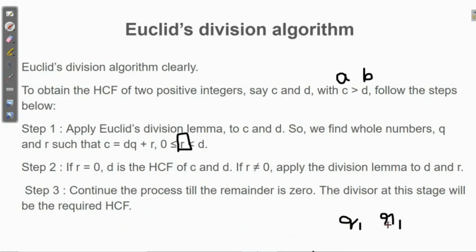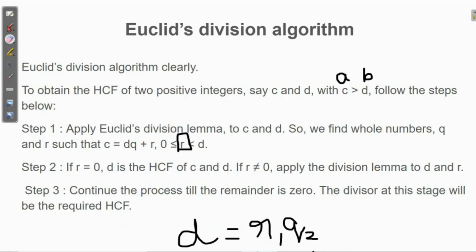Otherwise, in place of C, I will take the value of D, and in place of D, I will take the value of R1. And then again I will find the next quotient value Q2 and the next remainder value.